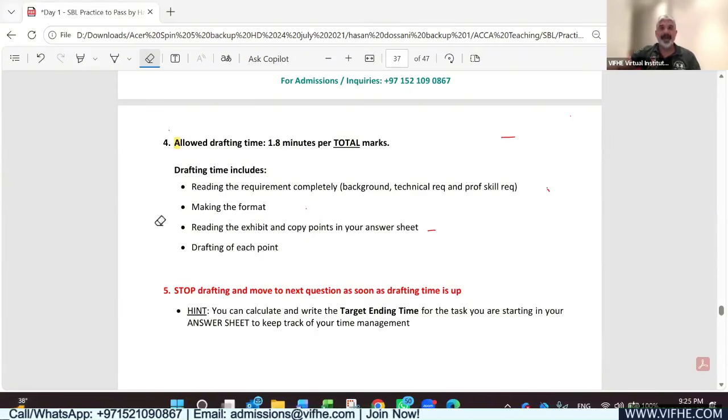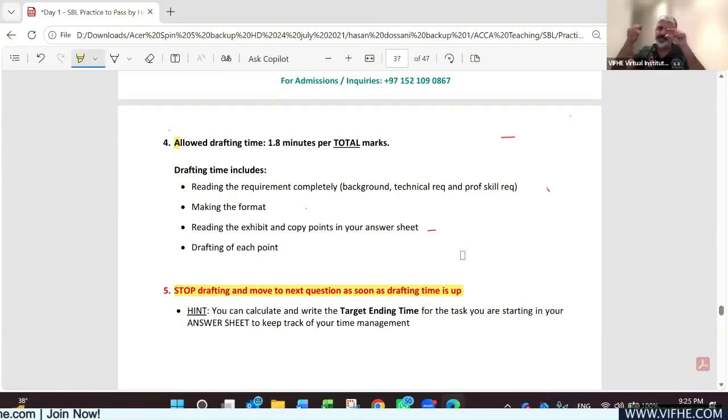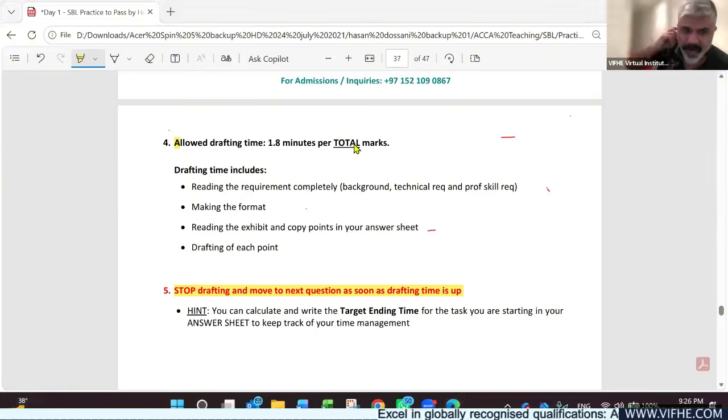So you have to stop drafting and move on to the next question as soon as the allowed time is up. But at least complete that one point which you are in the middle of drafting, and that's it. Now, my next question is, how do you keep track of the allowed time?